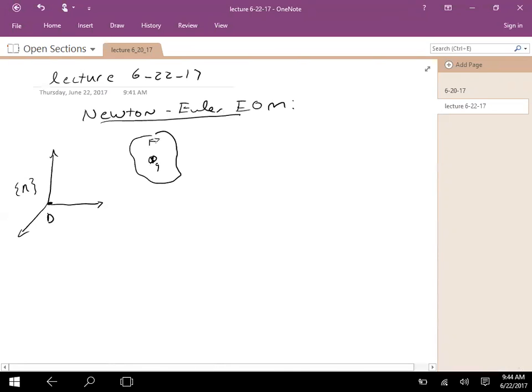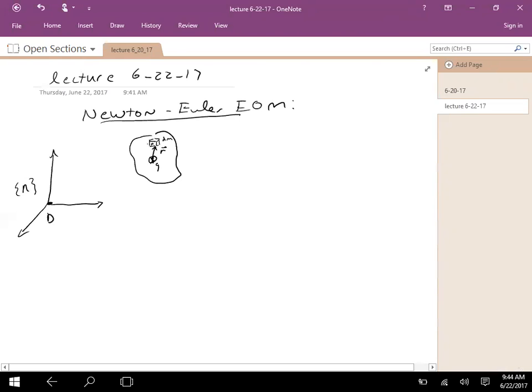On this body, I've got a little particle, particle P. That particle is located relative to the center of mass with some little r vector. That particle has little mass dm.